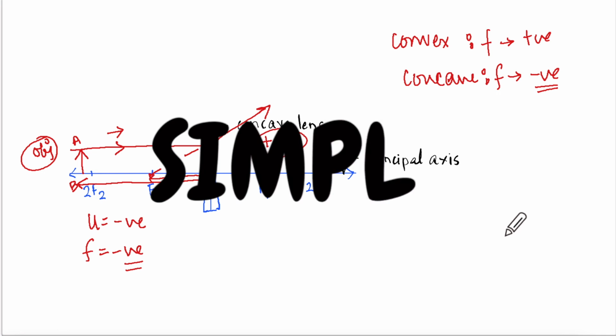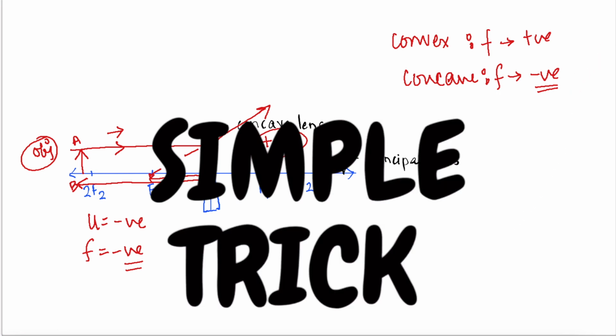Okay, now the simple trick for you to follow is just this. Let us say that this is our principal axis and this is our lens. Now if you consider your object here this side, then the incident ray will come this way.